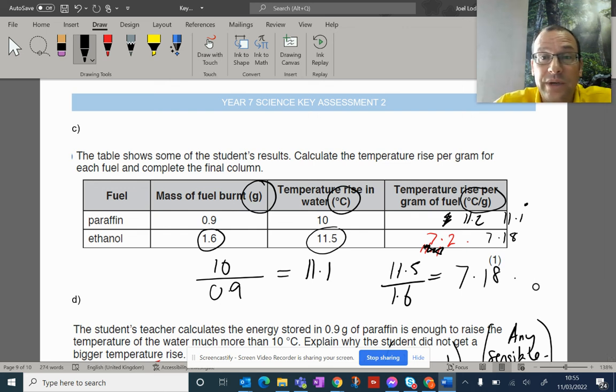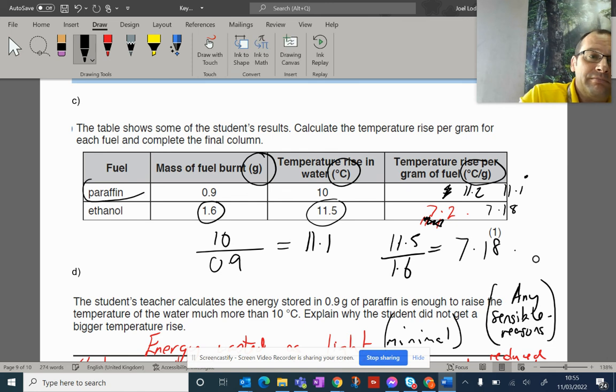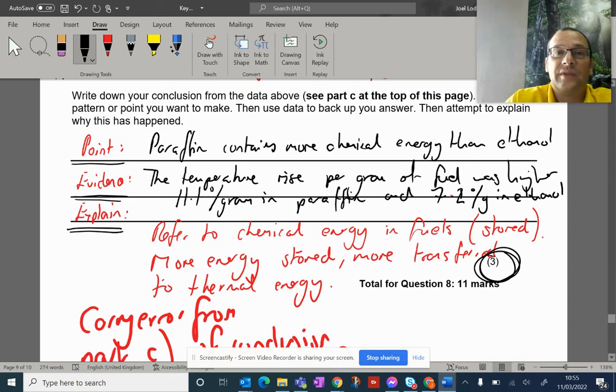So from this data, we can tell paraffin contains more energy. Paraffin makes the temperature rise more than ethanol does. So paraffin contains more chemical energy than ethanol, or paraffin raises the temperature more than ethanol does.